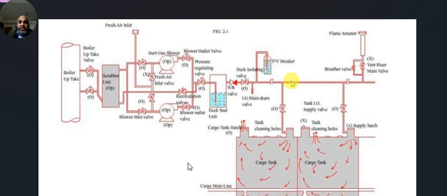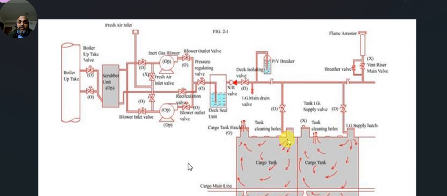In any case, if pressure is created here, and you keep the valve shut, or the tank is closed, but you are passing inert gas, the pressure will increase. When pressure increases, this water will come out by the over pressure, so that the tank and pipeline are not affected, and then the pressure is released. Same way for the vacuum also.